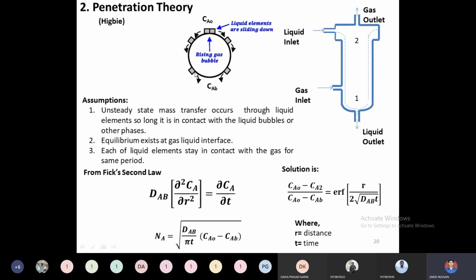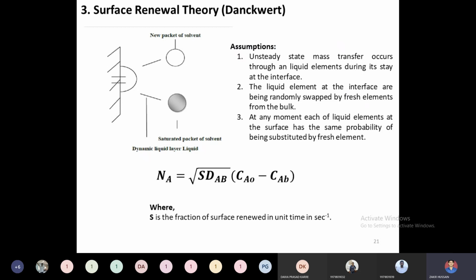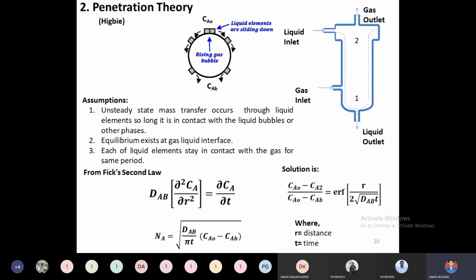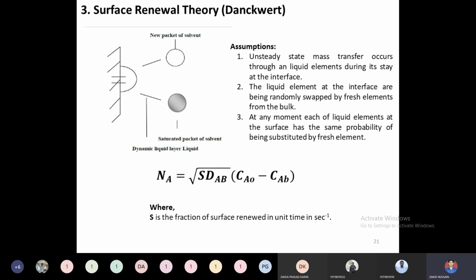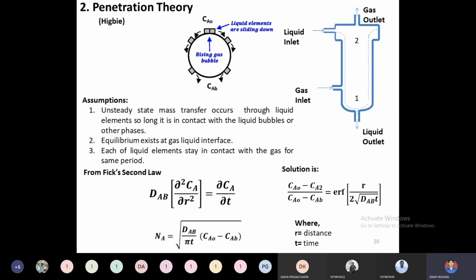Here Danckwerts is saying every packet will not have a uniform, same period of time. They will change according to their own time. According to the penetration theory, once every packet completes one cycle of mass transfer operation, it will drop down and the next packet will occupy the bubble. Whereas the surface renewal theory says, for example, the first packet is just going outside, just dropping, then immediately it will be replaced by a new fresh packet of liquid.